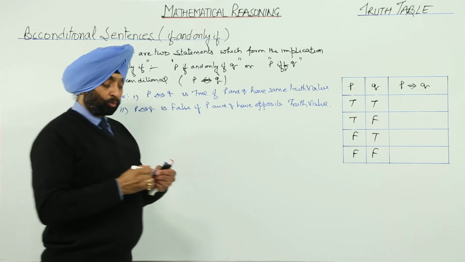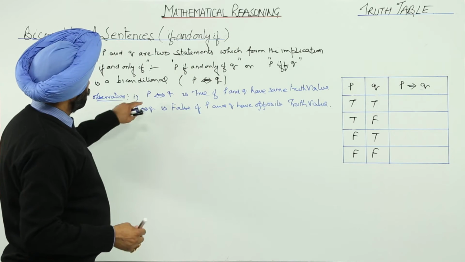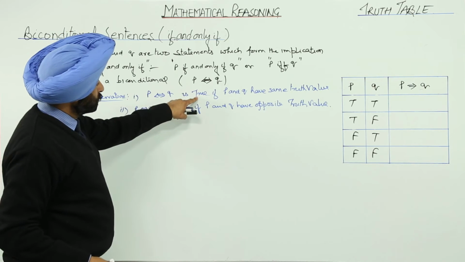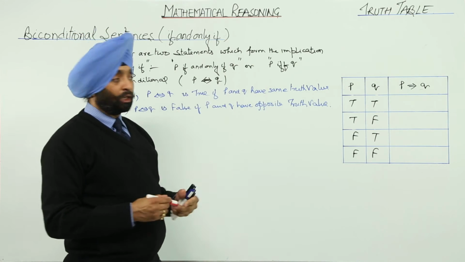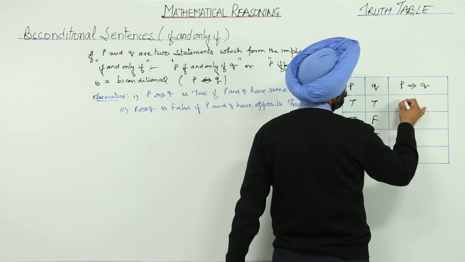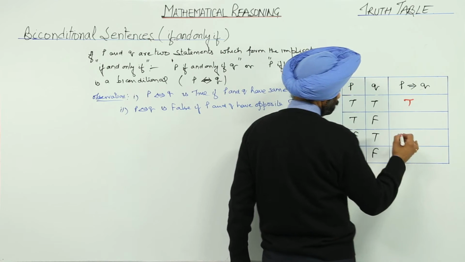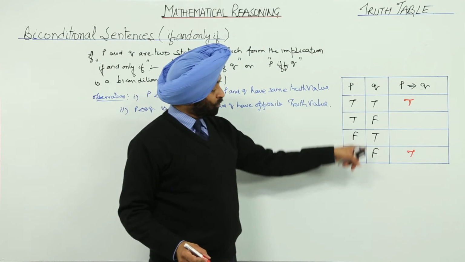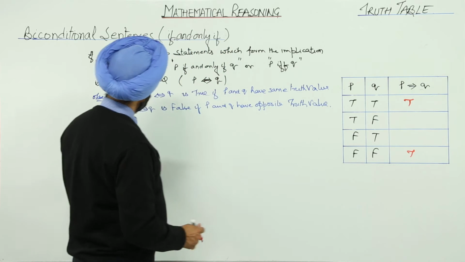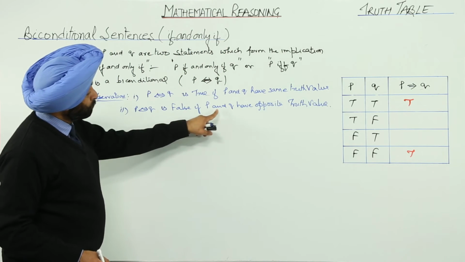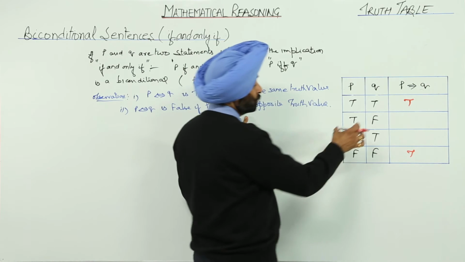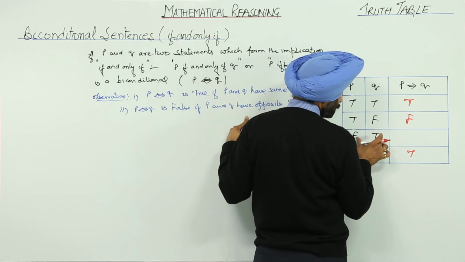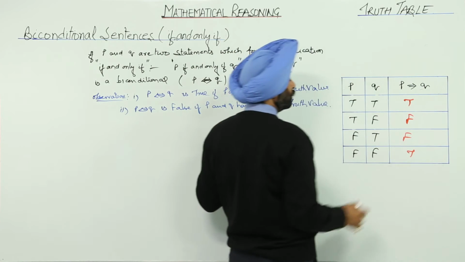Now according to our observation, P if and only if Q is true if P and Q have the same truth value. Here it is true, here it is true, it is the same truth value, both are true, both are false. And second, it is false if P and Q have opposite truth value. So here it is opposite, it means it is false, here it is opposite, it means it is false.